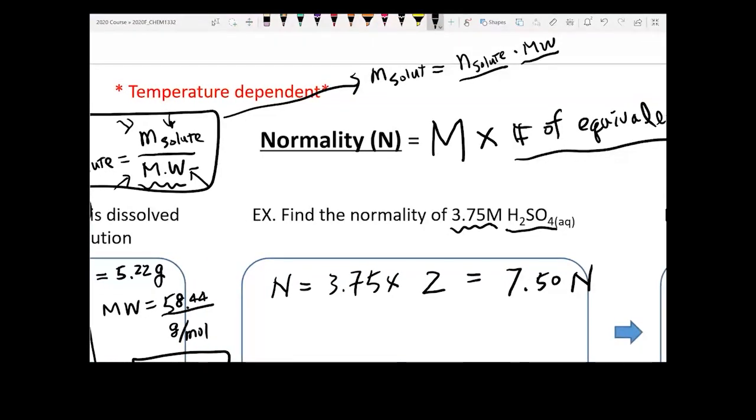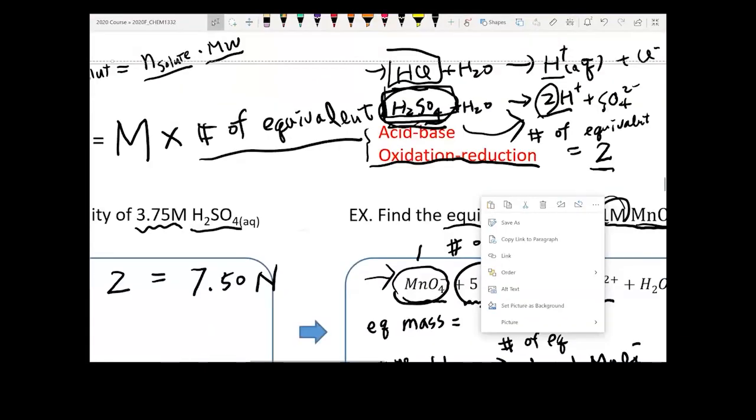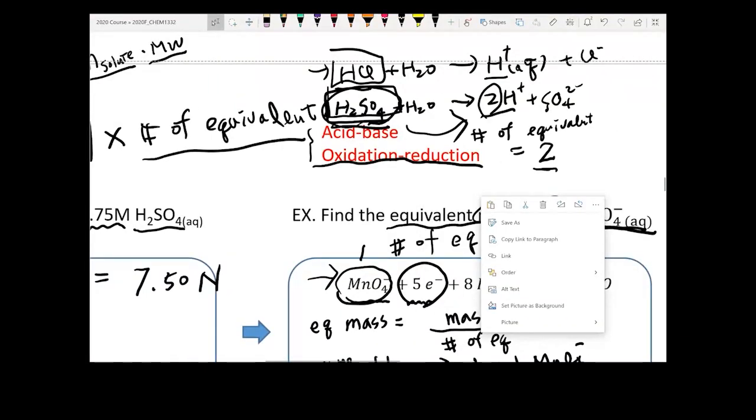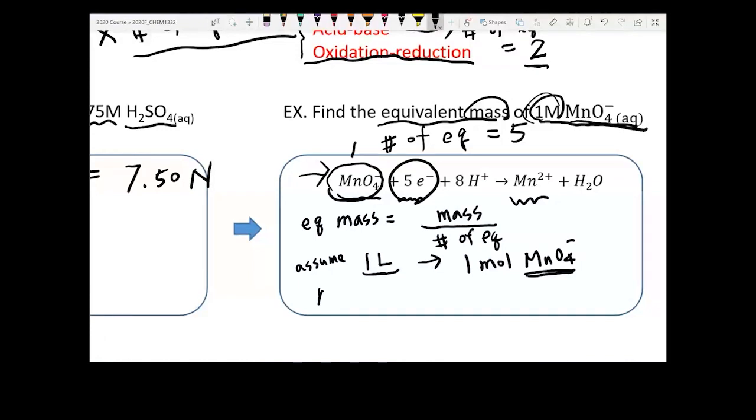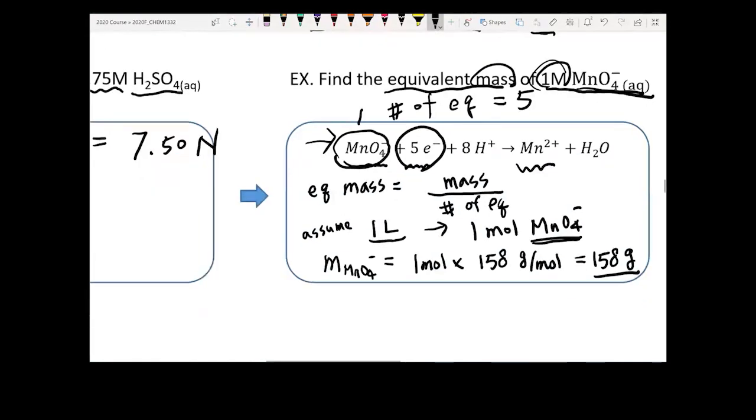You can check the molecular weight of that species from your periodic table. So the mass of MnO4- is equal to 1 mole times the molecular weight, which is 158 grams per mole, giving you 158 grams. So that's how much mass you have for your MnO4-.